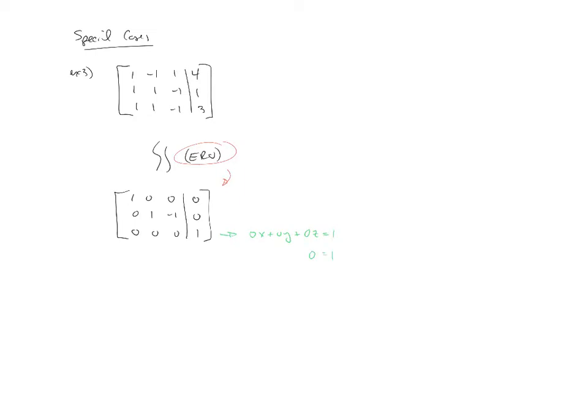In other words, 0 equals 1. Well, that's clearly not true. So because we hit a false statement, we can say that there is no solution to the 3x3 linear system that we originally started with, the one that gave us this augmented matrix.